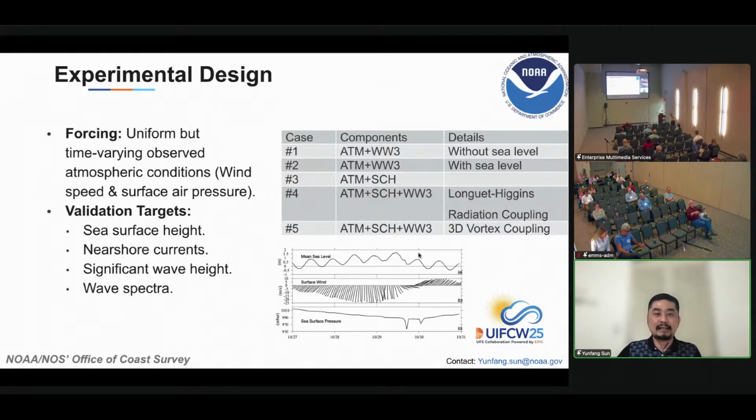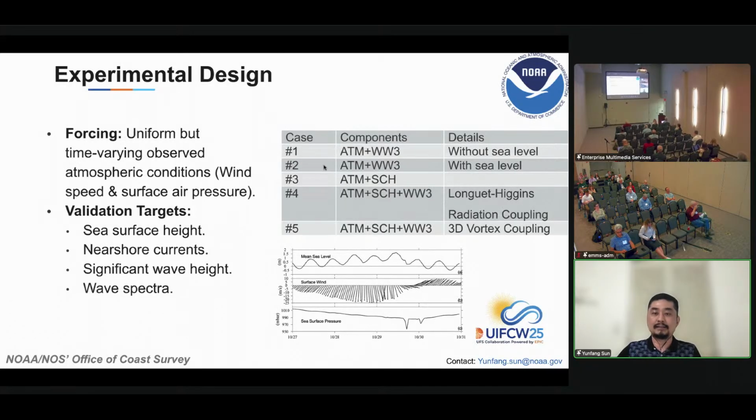So we designed a series of experiments to drive this Hurricane Sandy case. Case one is CDEPS plus WaveWatch III with only the surface forcing, which is the surface wind and the air pressure.